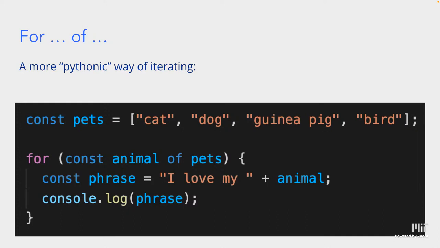So I would recommend iterating through indices most of the time, or using for of and making sure you're using the syntax right. What this is basically saying is that animal is not an index; instead, it is a value of pets. So you're iterating through the values of your iterator, in this case your array, going through all of your animals and printing them out.